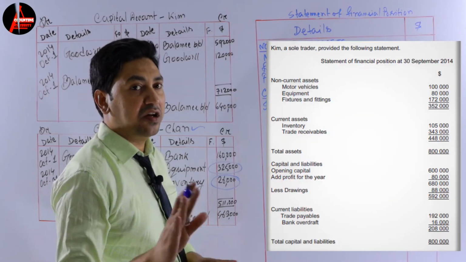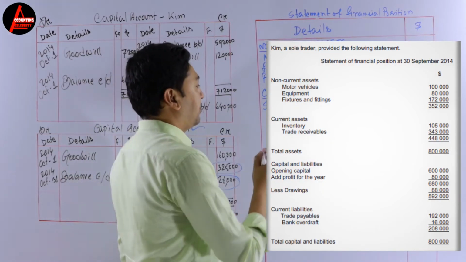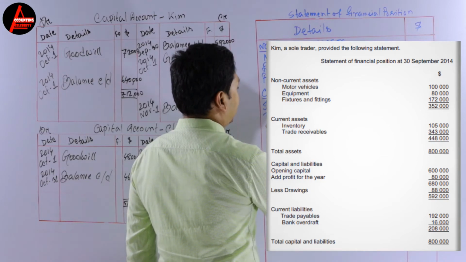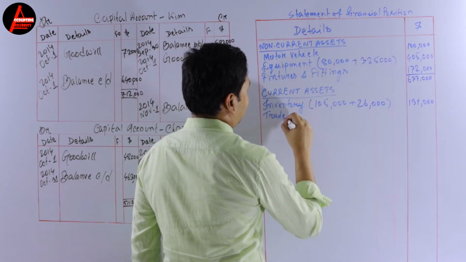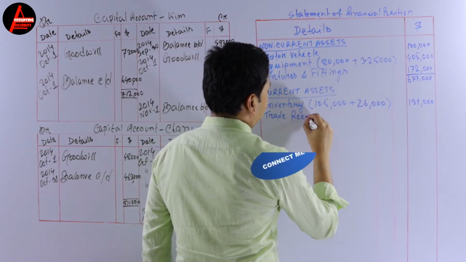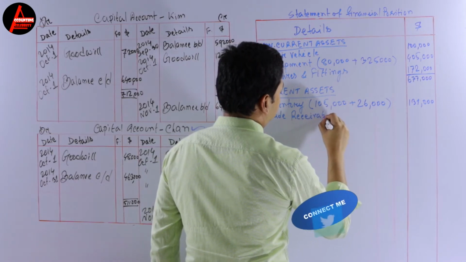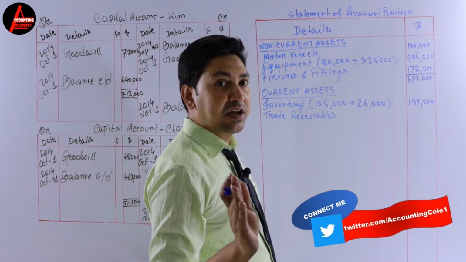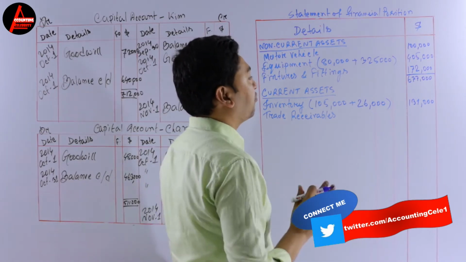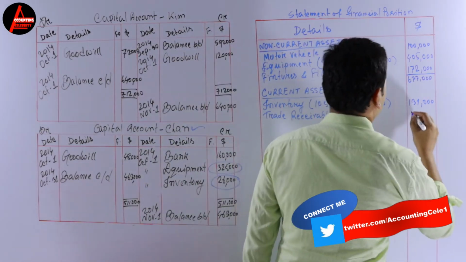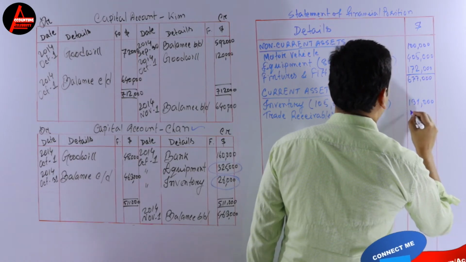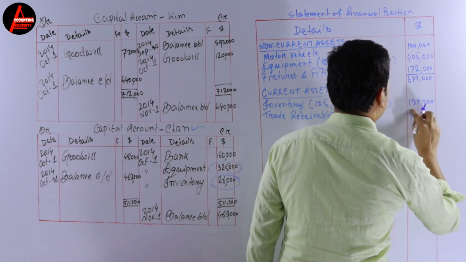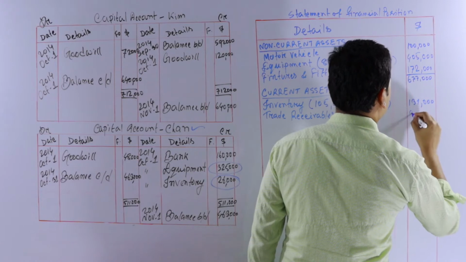Then what we have here? One more current asset, which is trade receivable. So right here, trade receivable. The value is given in the question, $343,000. This value has no change, 343.